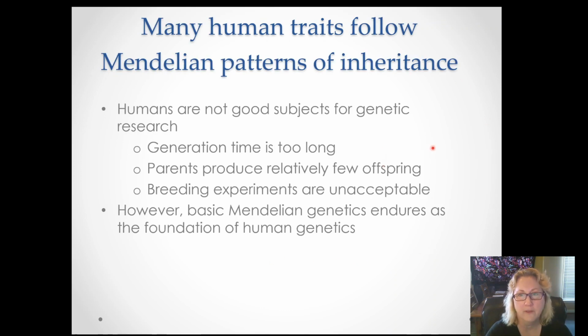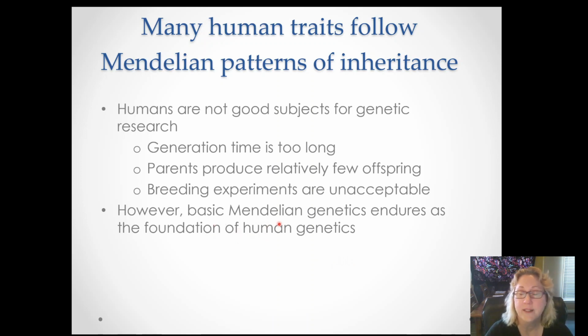So we are, of course, really interested in human genetics, although doing experiments in human genetics is not acceptable for many reasons. One reason is because human generation time is very long and parents have very few offspring, and also just doing experiments with humans is morally unacceptable.